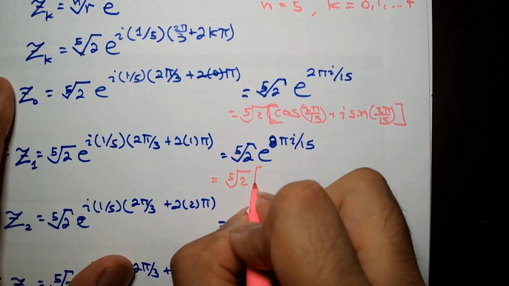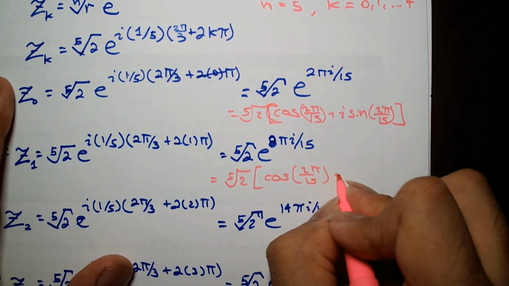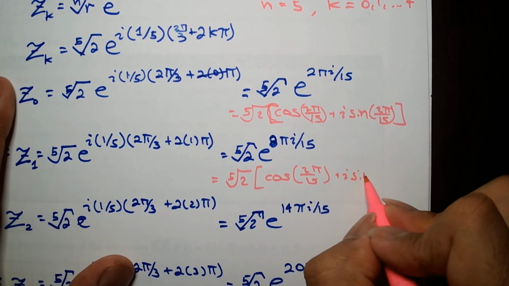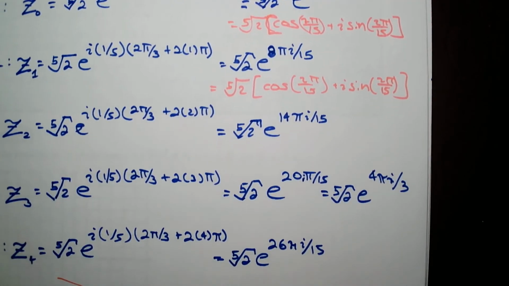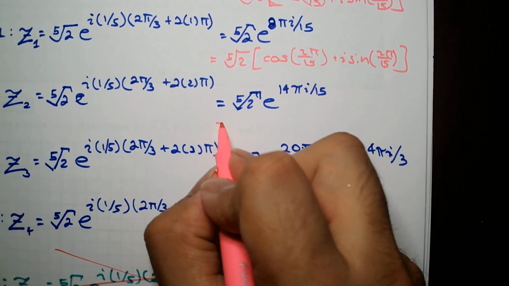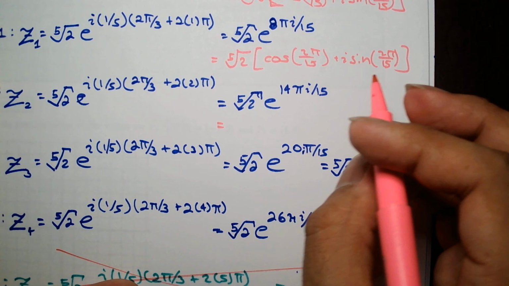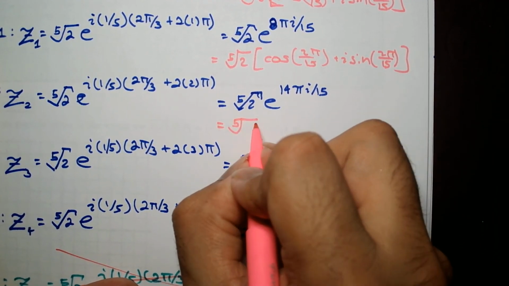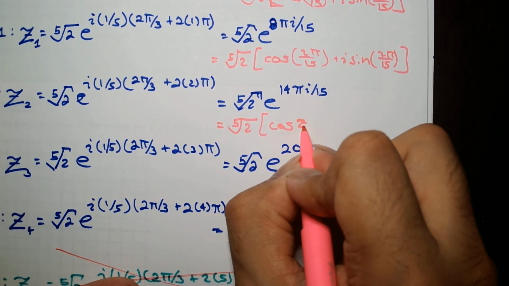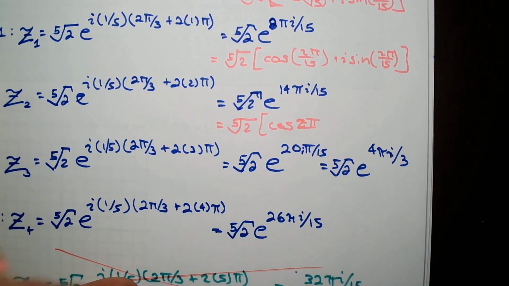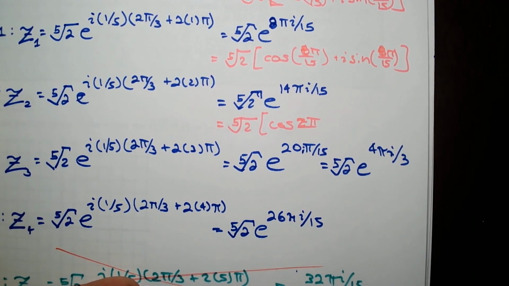Fifth root of 2 cosine 2 pi over 15 plus i sine 2 pi over 15. And so on and so forth. Let me do all of them. I know this exercise is already long, but it's a lot of fun. Cosine, oh no, it's not 2 pi, it's 8 pi over 15 over here.